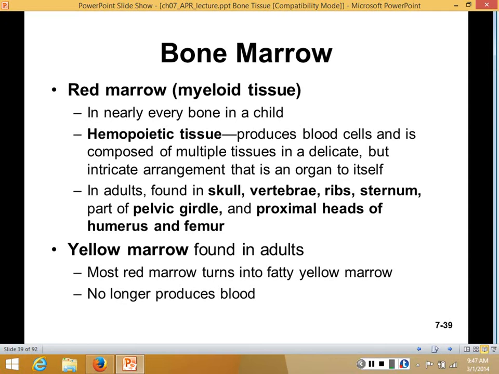Diaphysis, or the marrow cavity. It no longer produces blood. However, the yellow marrow can convert back to red marrow in extreme cases. For example, if you're anemic, your textbook mentions that, how yellow can revert back to what? The red marrow.